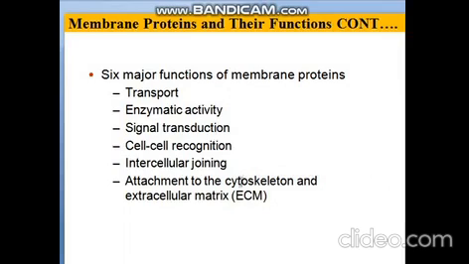Major functions: transport, enzymatic activity, signal transduction, cell to cell recognition, attachment to the cytoskeleton, intercellular joining, and attachment to the extracellular matrix. This is a summary of the functions of the cell membrane. Okay, and in the coming slides I will show you what types of functions they are performing with the help of images.